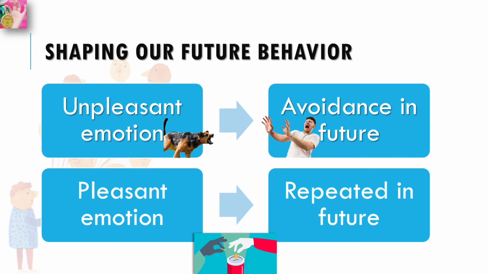So unpleasant emotions lead to avoidance and pleasant emotions lead to repetition of the behavior. This was about the shaping of our behavior. Emotions shape our behavior, like they train our behavior.